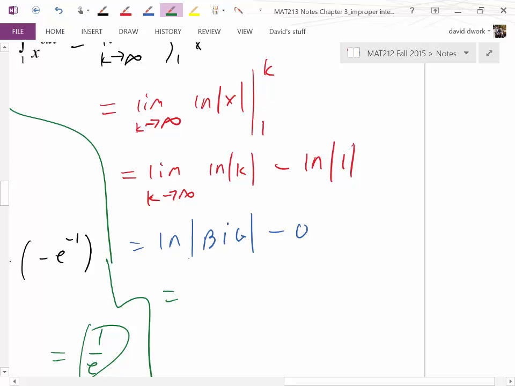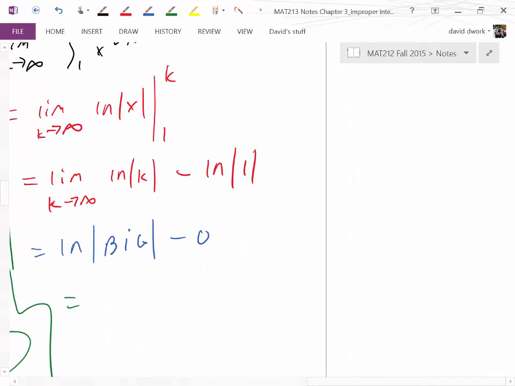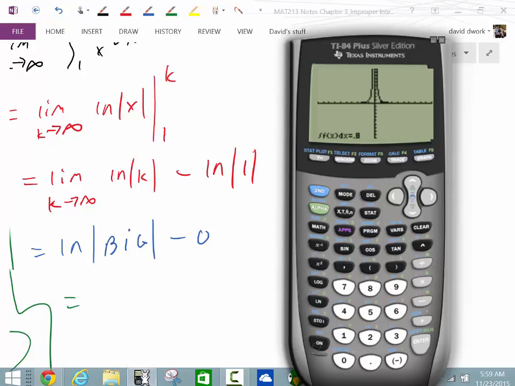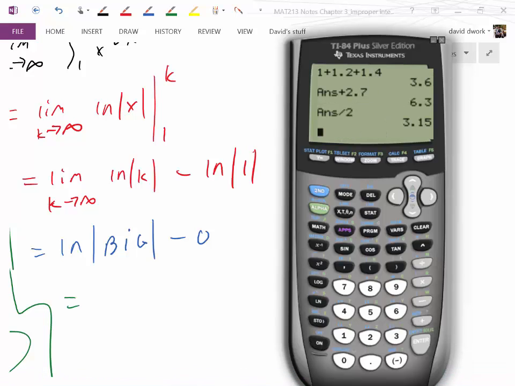So now, what's the natural log of something big? Well, if you don't remember, you could go ahead and start typing in numbers into your calculator and saying, okay, natural log of something big is, man, that's 11. The natural log of something even bigger, got bigger. The natural log of something even bigger, and you can get the idea here.